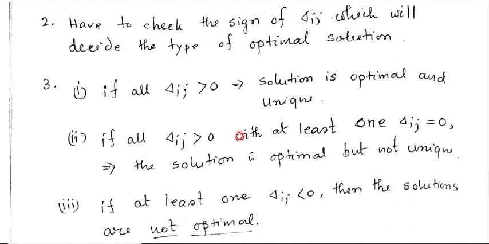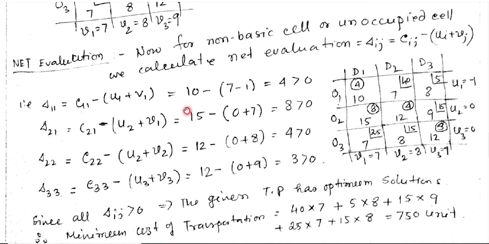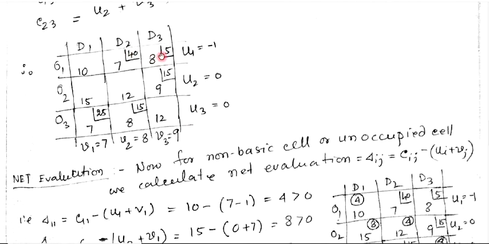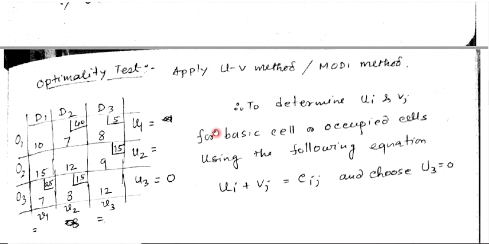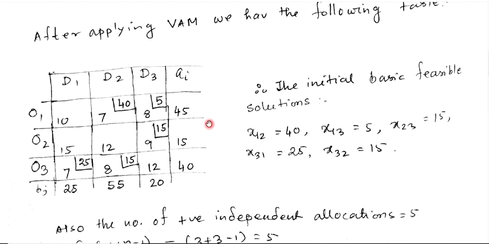Then the solution is obviously optimal and unique, which means this allocation is a unique allocation. That means the allocations cannot be placed in other cells. These cells are the only ones where the allocations are made.